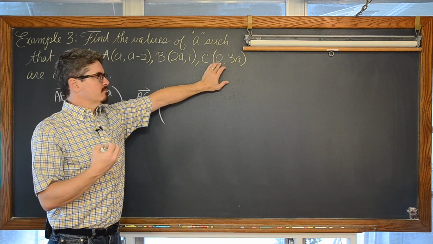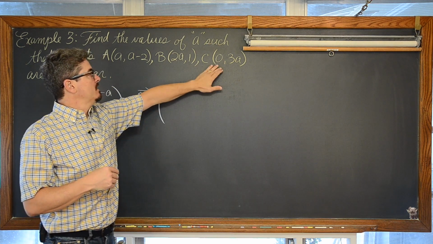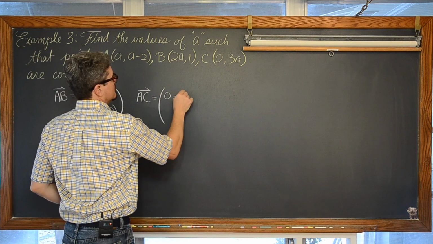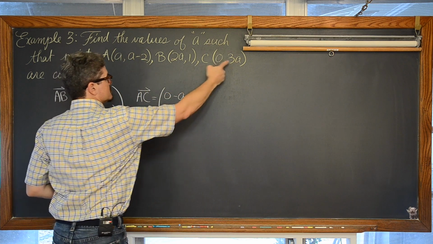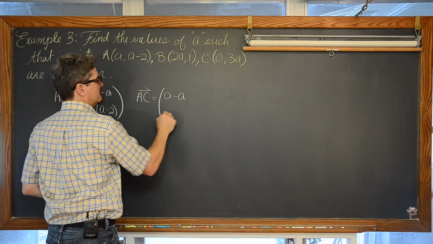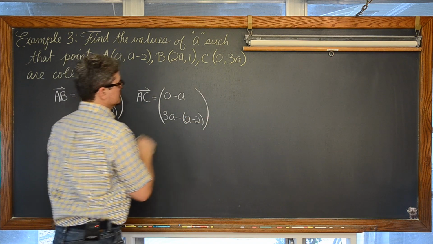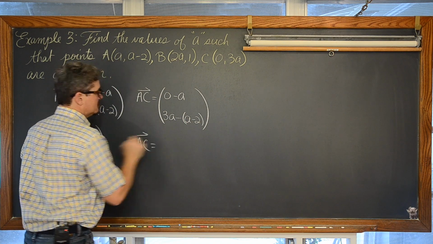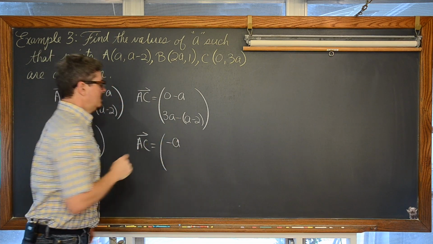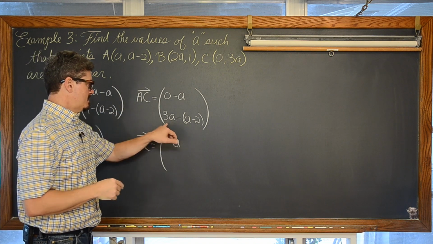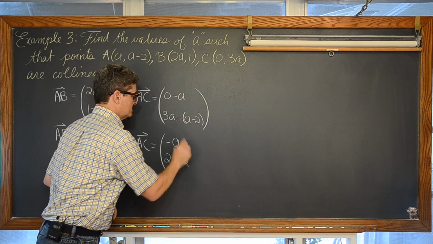So I'm going to pull away from the idea of saying horizontal and vertical component because it gets a little funny with 3D space, but the x component, 0 minus a, in case you were wondering why I kept saying x and y instead of horizontal and vertical, 3a, terminal point minus initial, and vector AC is equal to 0 minus a, which is negative a, and 3a minus a is 2a, and negative times negative is positive, so we have 2a plus 2.